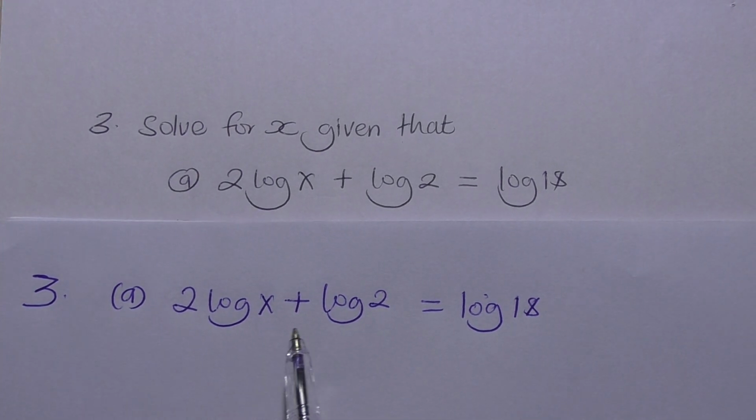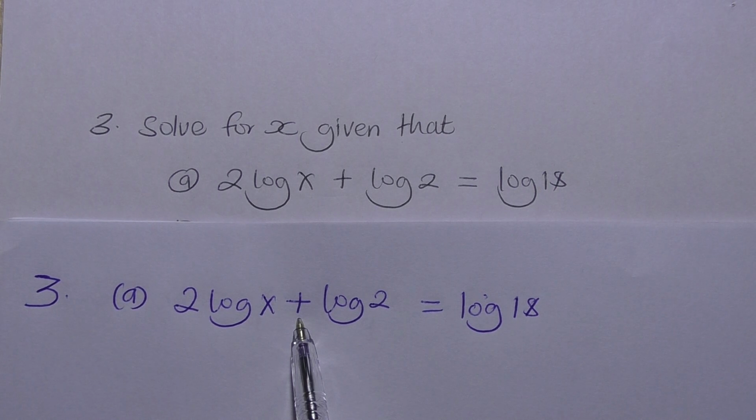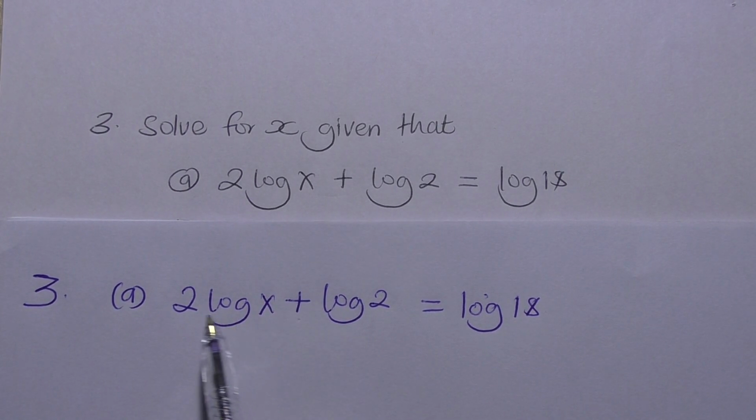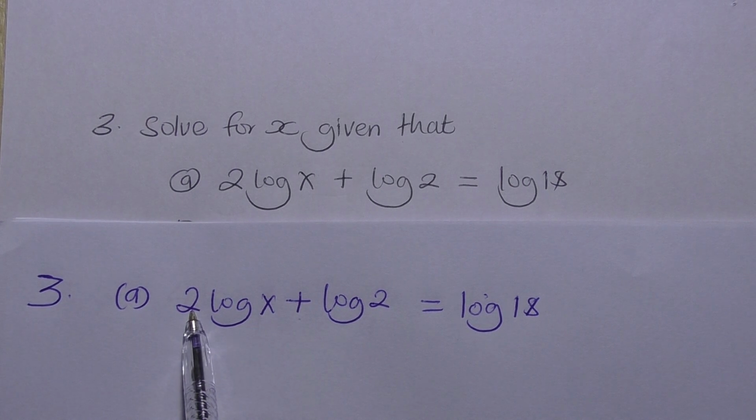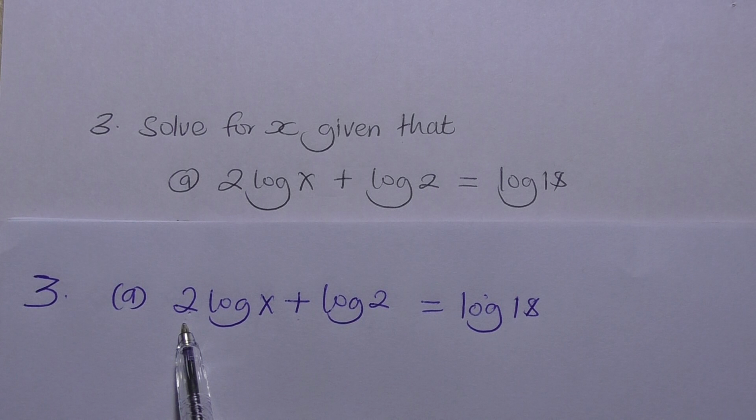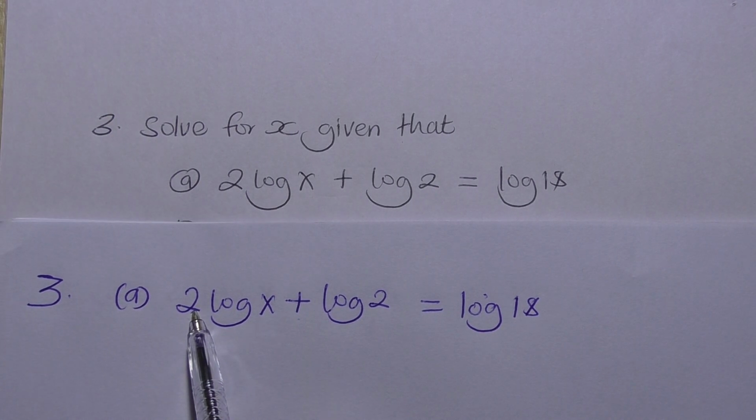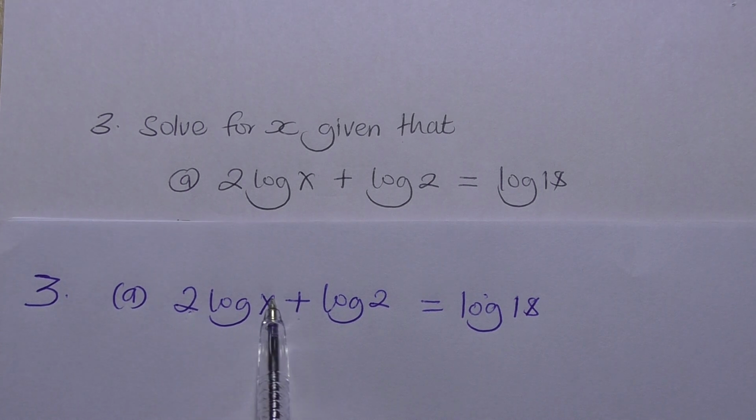However, we have a law that directs us on what to do when we have addition. But before we apply the law of addition, we must first apply the law that talks about the coefficient of the log, whereby the figure behind the logarithm powers x.